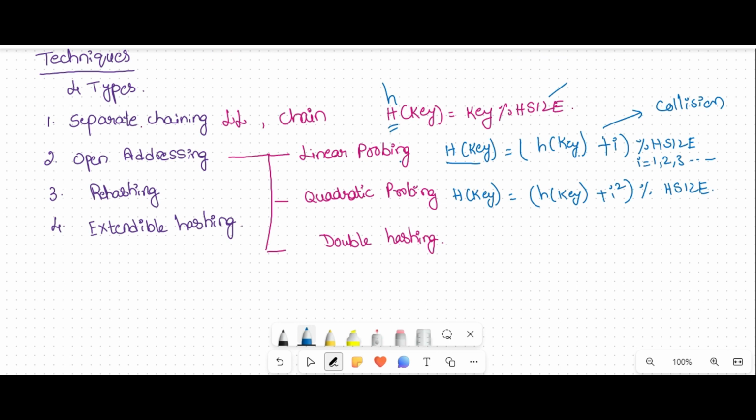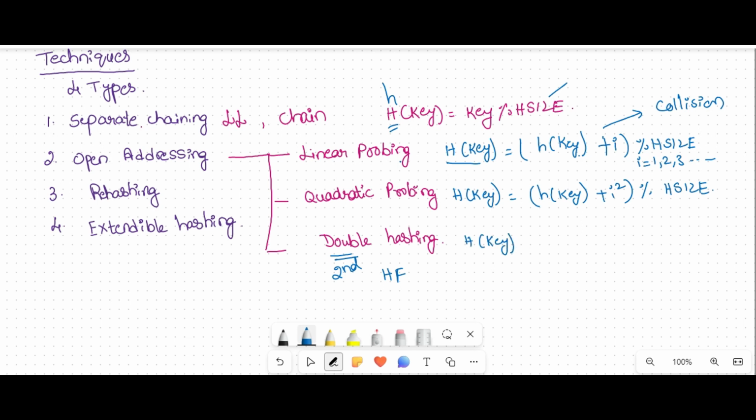Now the next one is double hashing. Why the name double? In double hashing, a second hash function is used to resolve collisions. That's why it is called double hashing.